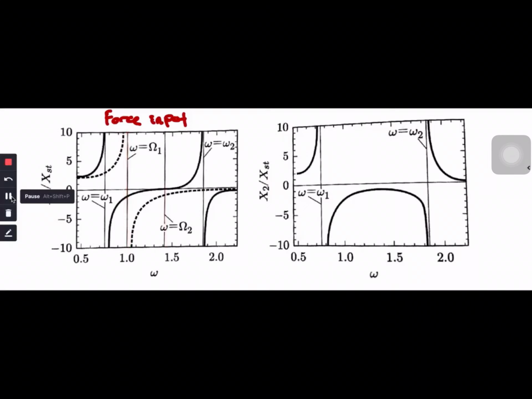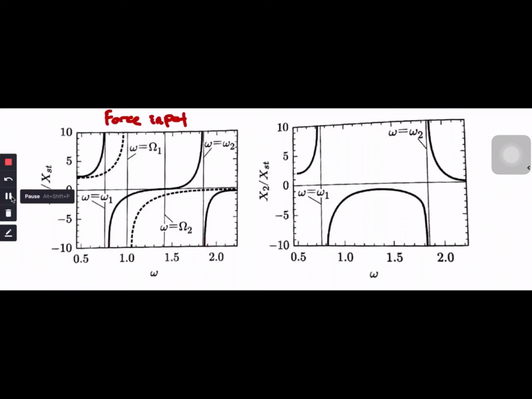When the frequency becomes a natural frequency, we'll see basically the amplitude or the response goes to infinity, right? So this is where the resonance is, as well as this one, and as well as this one, right?